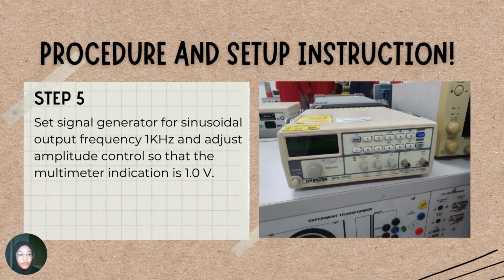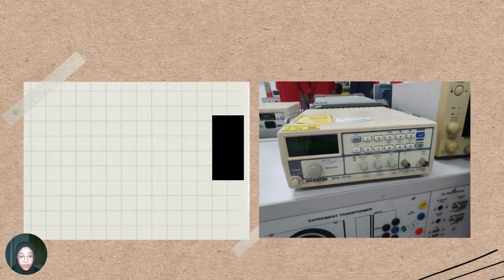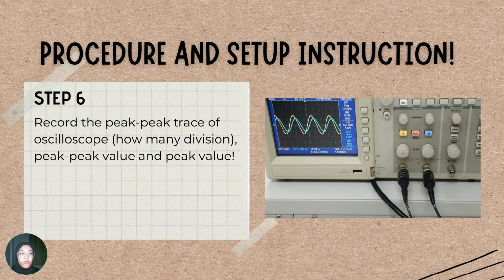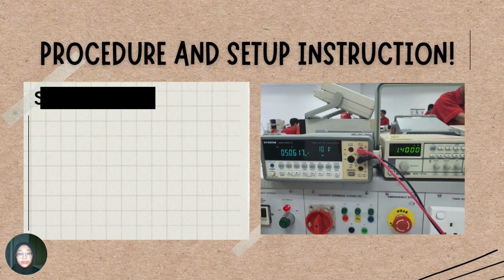Then for step 5, set the signal generator for sinusoidal output at a frequency of 1 kHz and adjust the amplitude control so that the multimeter indication is 0.1 volt. For step 6, record the peak-to-peak voltage trace of the oscilloscope: how many divisions, peak-to-peak value, and peak value. This was recorded in my workbook and sent to my lecturer.